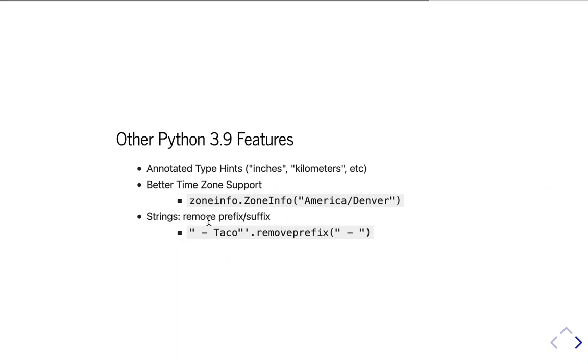And there's the string remove prefix function or suffix function. This call would actually remove this space dash space. Those were totally new methods introduced in the string class.